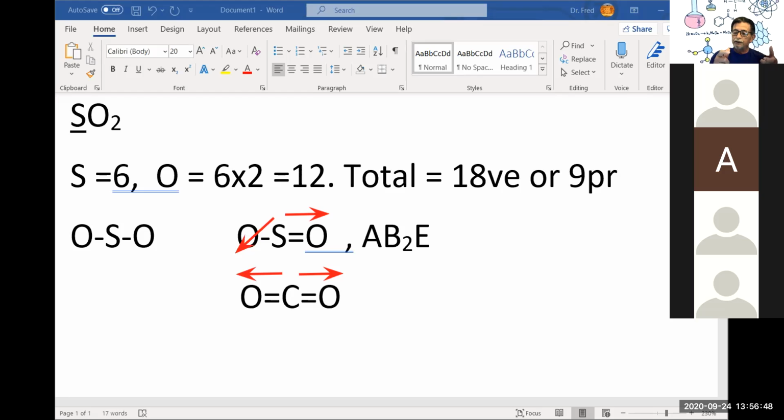So now I can predict which would be more soluble in water. I can predict that sulfur dioxide is a lot more soluble in water, due to the polar nature of the structure, compared to carbon dioxide. And it is. If you take a soda pop and you shake it, what happens?